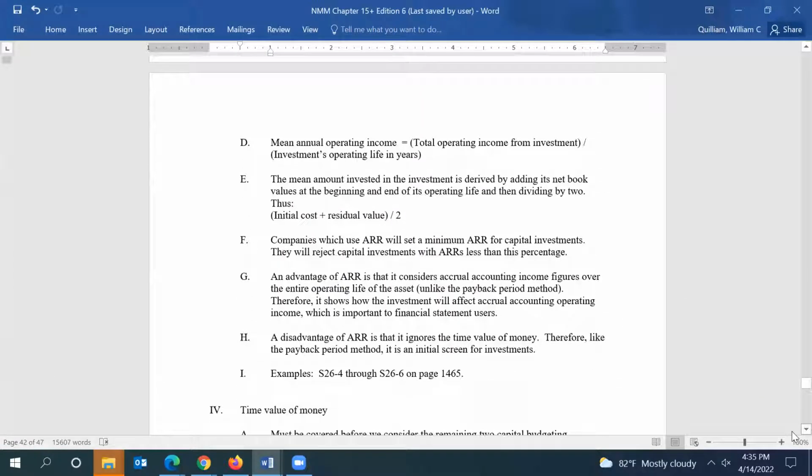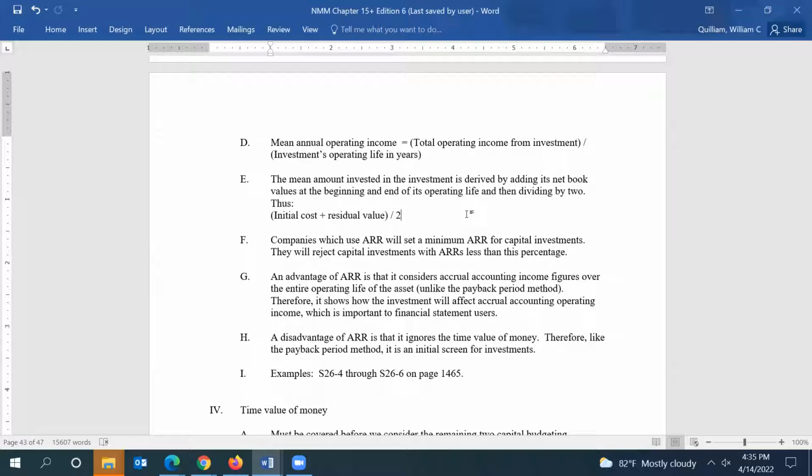Now, if we want mean annual operating income, we take the total operating income from the investment and divide by the investment's operating life in years. And the mean amount invested in the investment is derived by adding its net book values at the beginning and end of its operating life and then dividing by 2.